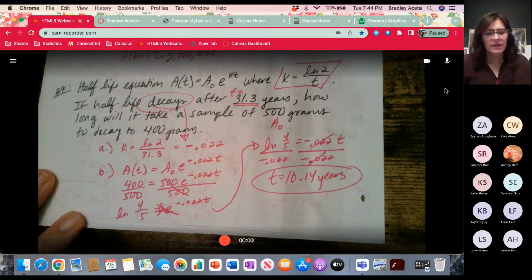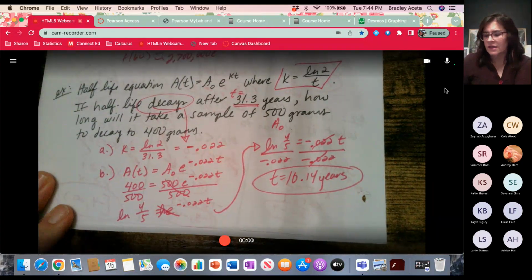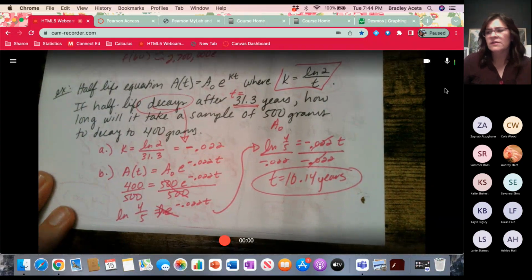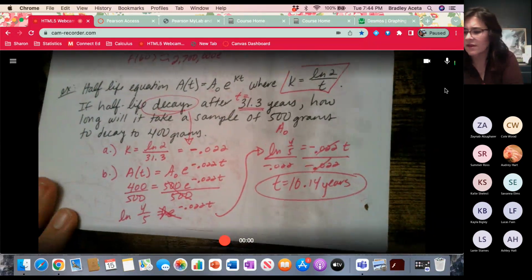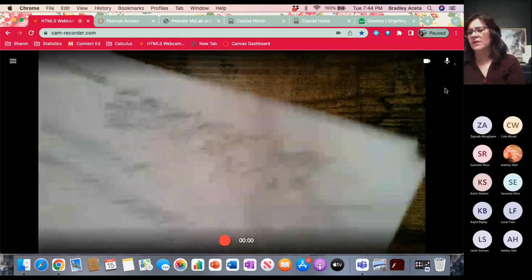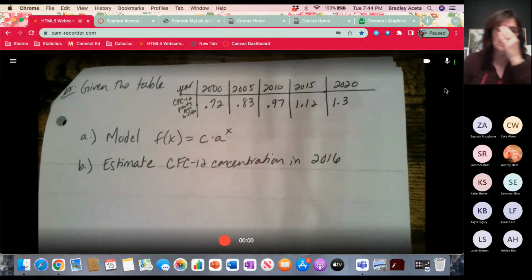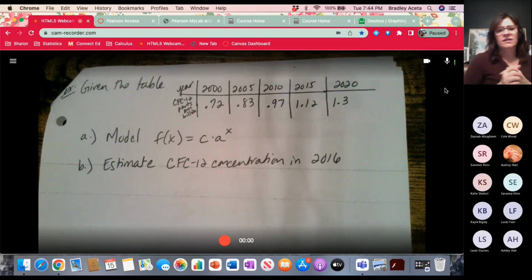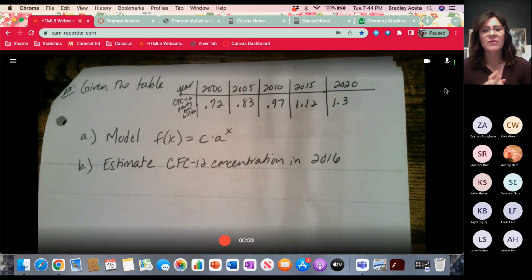All righty. Last but not least, an exponential function, because regression models, we love those. Our last question here, given a table, estimate the CFC12 concentration. I don't even remember what that was, I just wrote it down. But model the f of x equals c times a to the x.